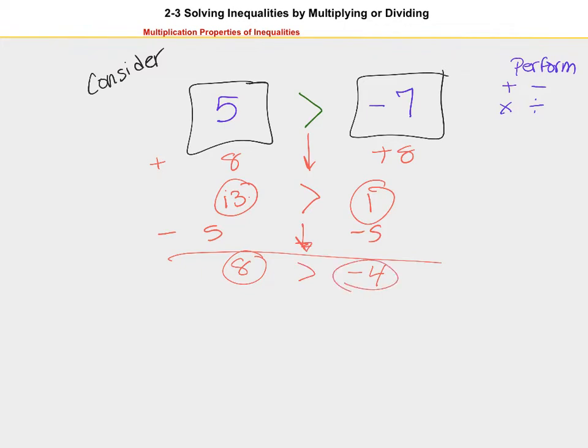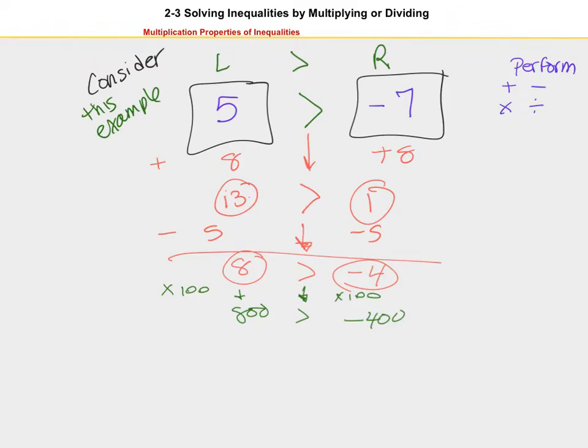The relationship doesn't change. If I decide to multiply by 100 to both sides, you notice that that gives me 800 and -400, and 800 is still greater than -400. So the left side is still greater than the right in this example. Okay, so this is just an example.